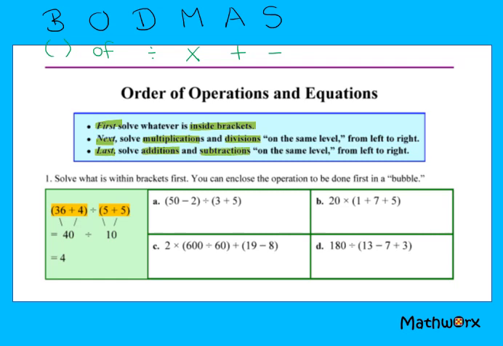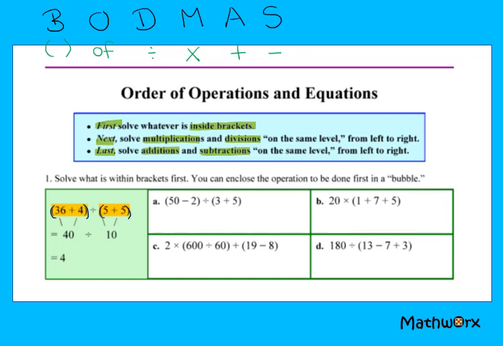Okay, so let's go through this example together. In our brackets here, we have 36 plus 4, and 40 divided by, in these brackets, 5 plus 5.